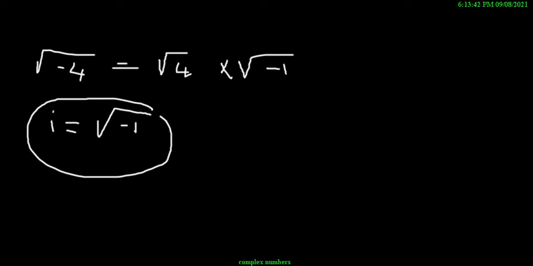So this would simply be the root of 4 times i, and we know the root of 4 is 2, so our final answer will be 2i. So that would be the answer.